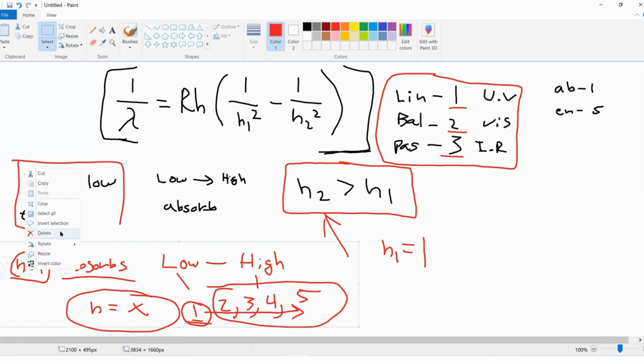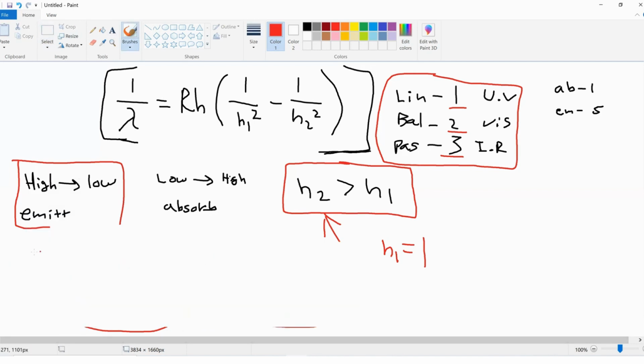And going back on the same note, let's say we emit and we start with 5, correct? In this case, we're going from high to low. So 5 is here, correct? What this tells us is that we're going from the highest, which is 5, which is what they will tell you in a problem, to any of the other lower numbers.